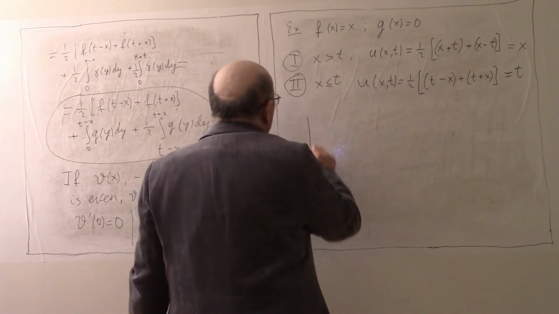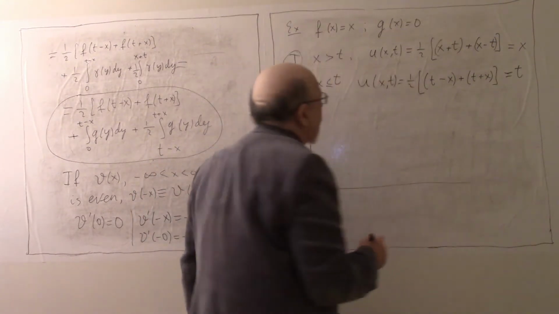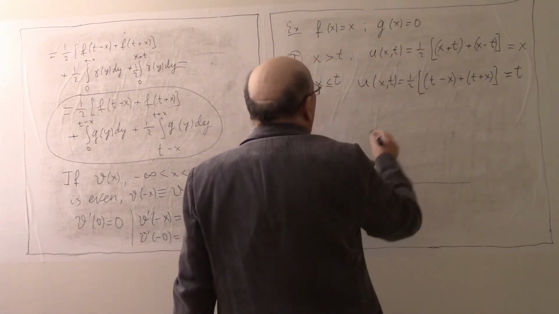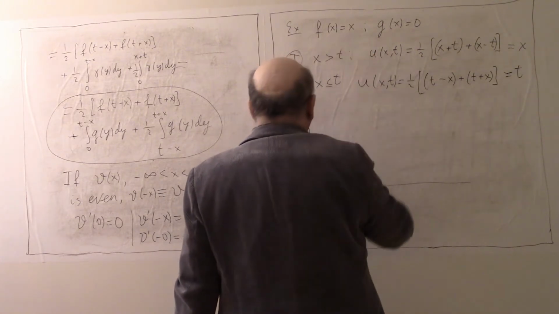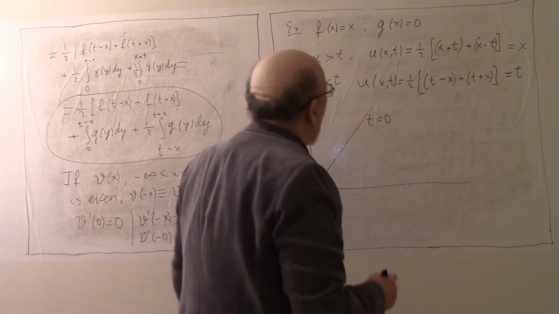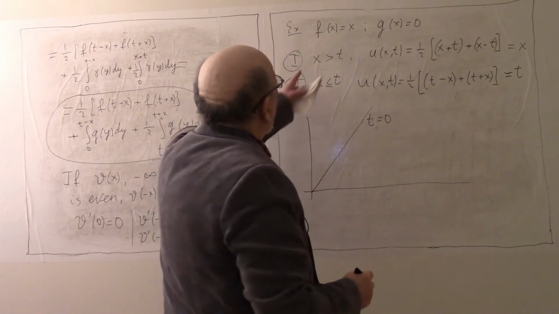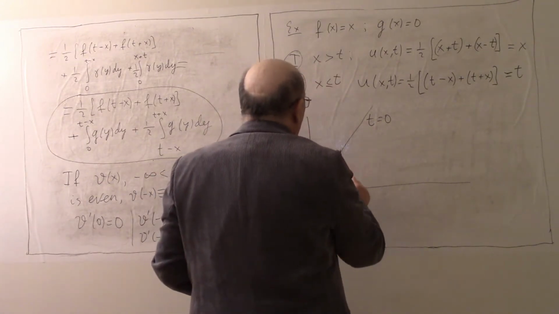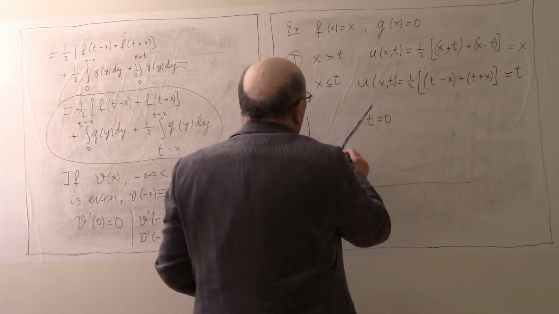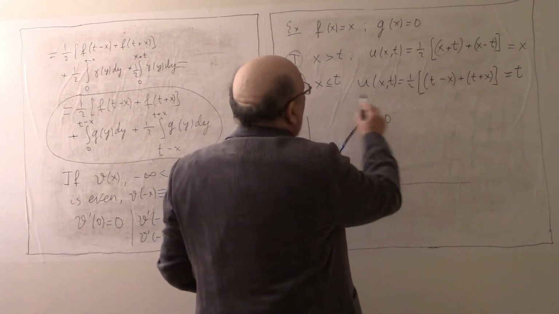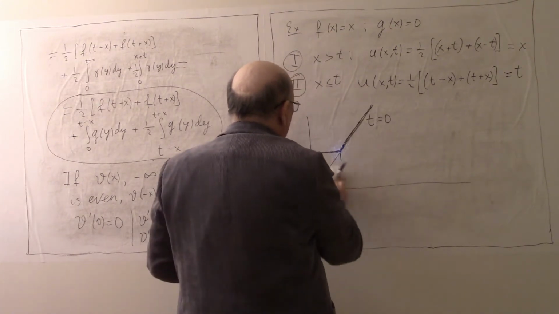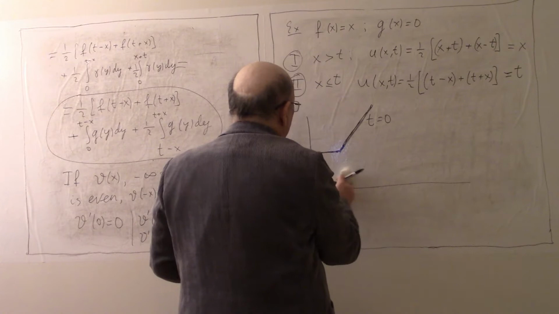So how does it look? Let me draw the graph of the solution for different values of t. For t equals 0, it is equal to f of 2x. For t equal 1, when x is more than 1 it is the same, yes? For x less than 1, it is t, it is 1. So let me erase this.